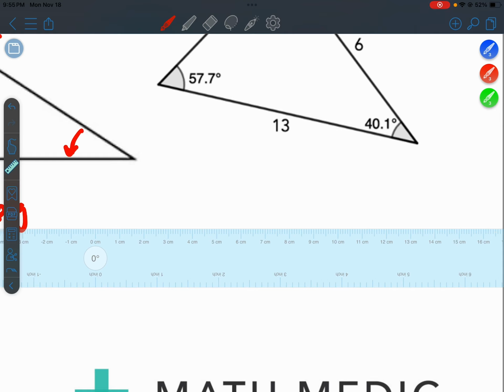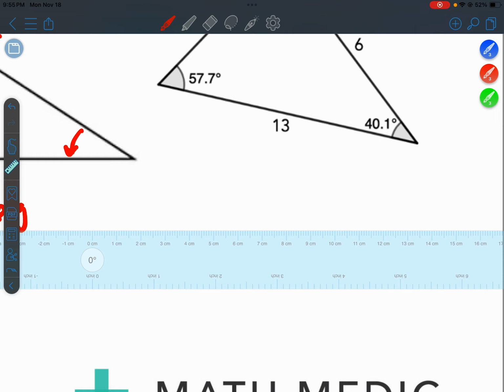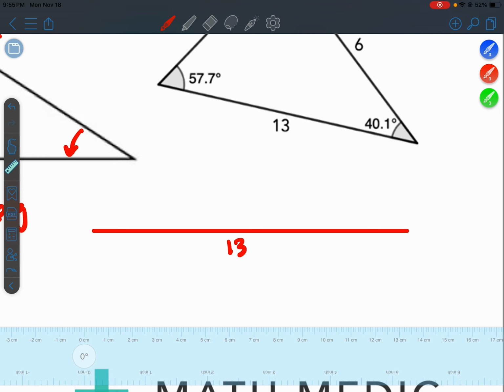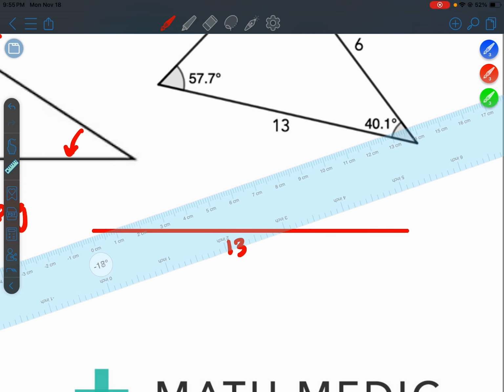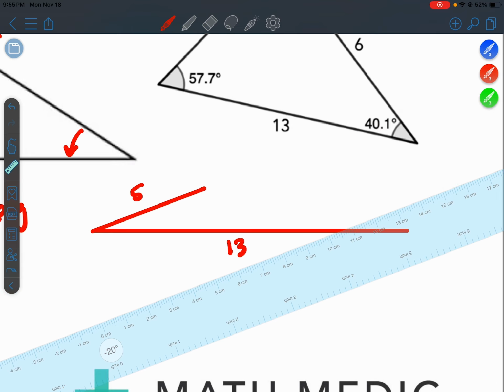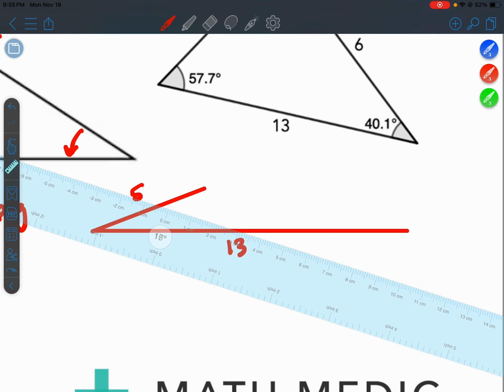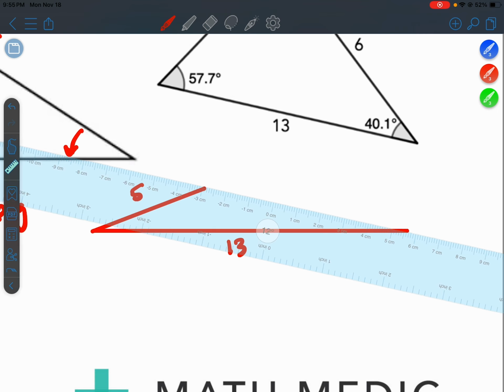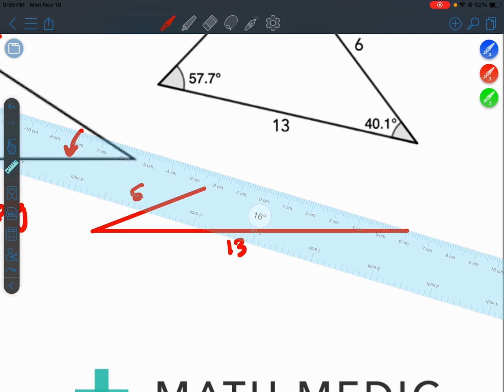Let's create a segment that's 13 units long. Then let's draw one that's 5 centimeters long, and then one that's 6 centimeters long.